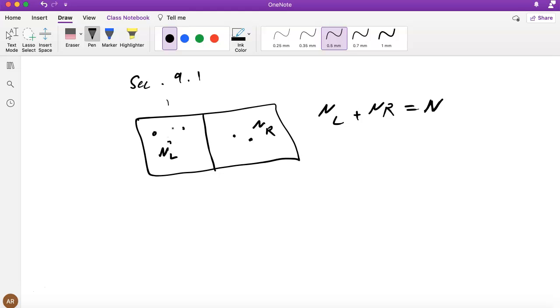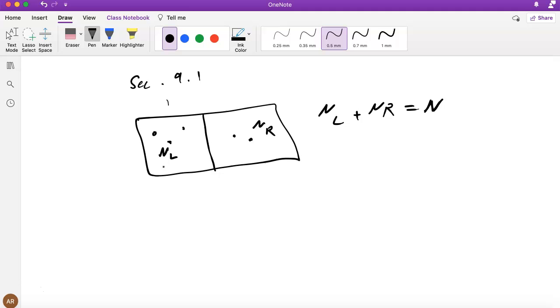So somehow intuitively maybe we expect that in general, if half the molecules are on this side and half the molecules are on that side, it's a more likely scenario than if all the particles are in one side of the room, right?